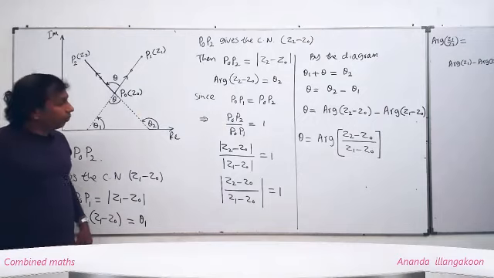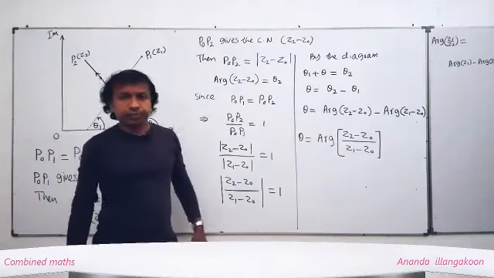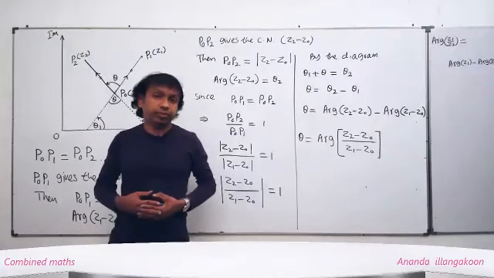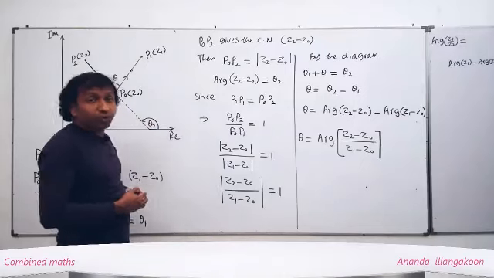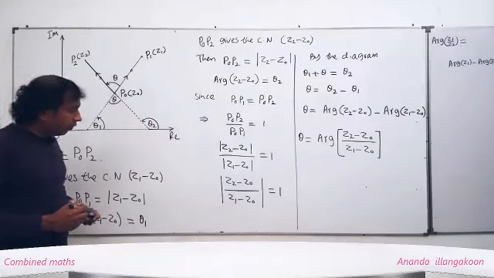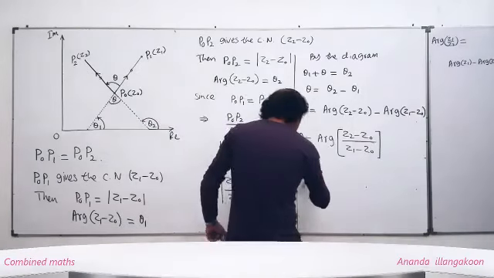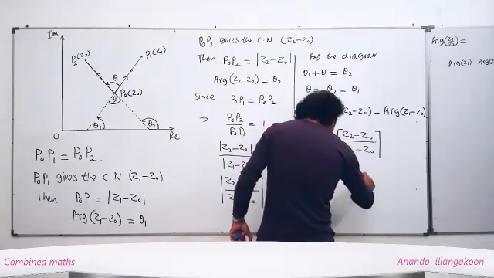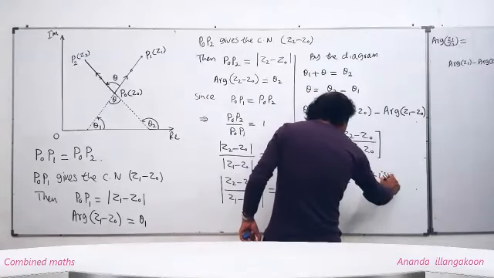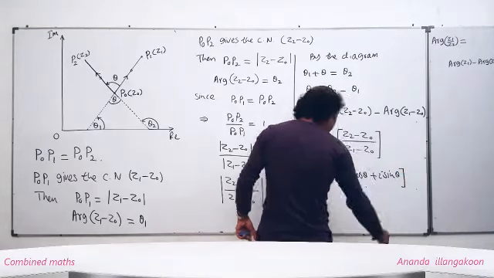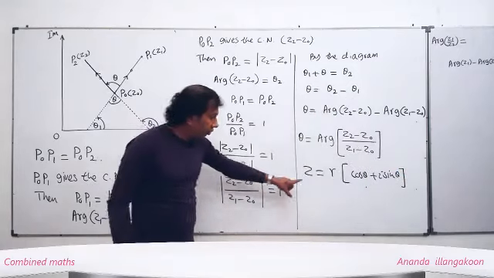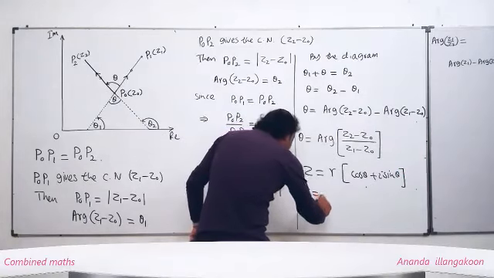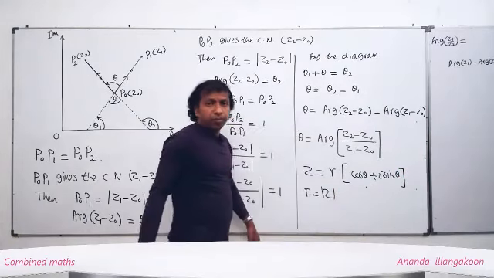Right. People, you know, when we write a complex number in polar form, what we really need is z equals r times cos theta plus i sin theta, no? The polar form. Then what is this r? R is the modulus of the left hand side complex number.